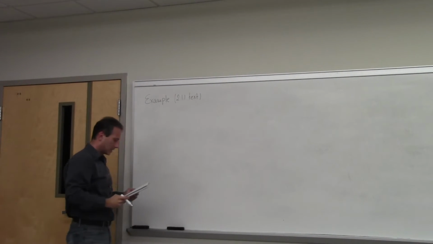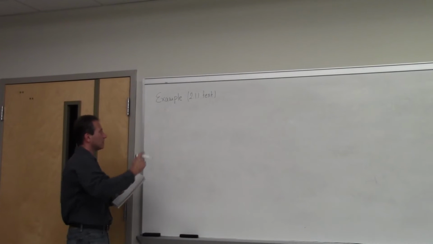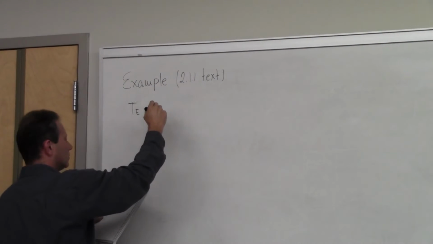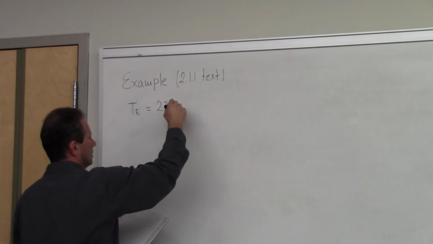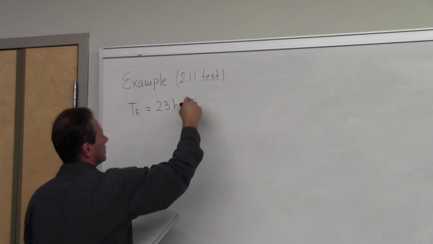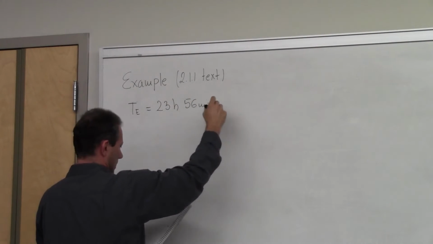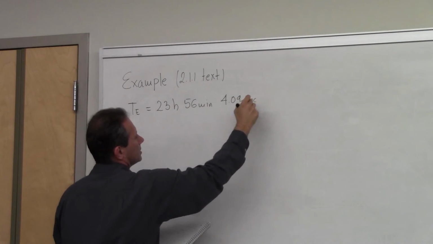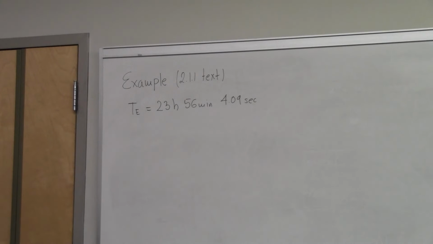It says this: the period of the Earth rotation is equal to 23 hours, 56 minutes, and 4.09 seconds. So this is how long it takes for the Earth to rotate around its axis.